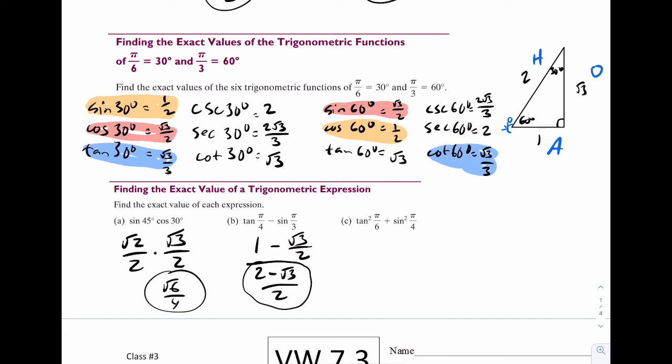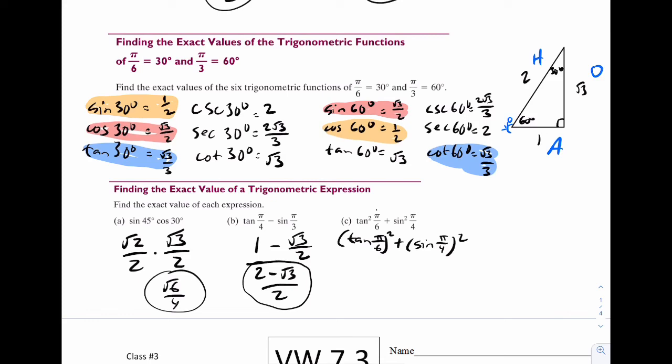And the last one, that squared is written that way because you don't want it to be confusing with the pi over 6. So some people, when you're first learning trig, will rewrite it like this, because mathematically this is what's happening. It's pronounced tan squared, but really this means tan of pi over 6 quantity squared. So knowing that, let's figure it out.